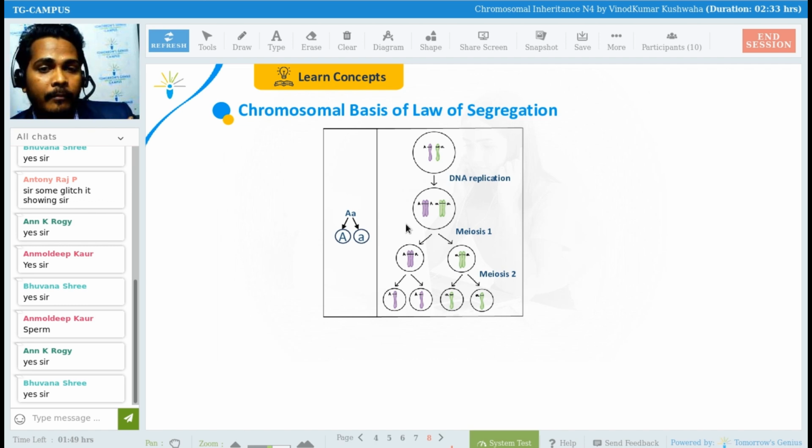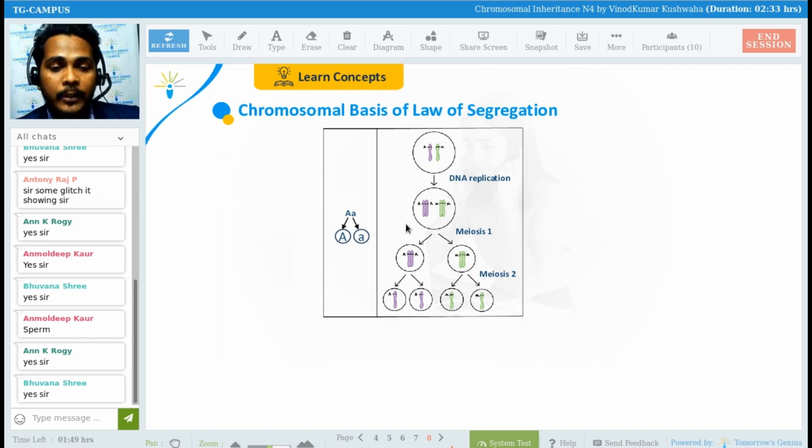This particular diagram explains Mendel's law of segregation of Mendelian factors. Mendel used the term factor because at that time there was no such sophisticated instrument, so he called it a factor, but now people know it as a gene, right? So this particular diagram explains Mendel's law of segregation of Mendelian factors in terms of the movement of chromosomes during the meiosis.